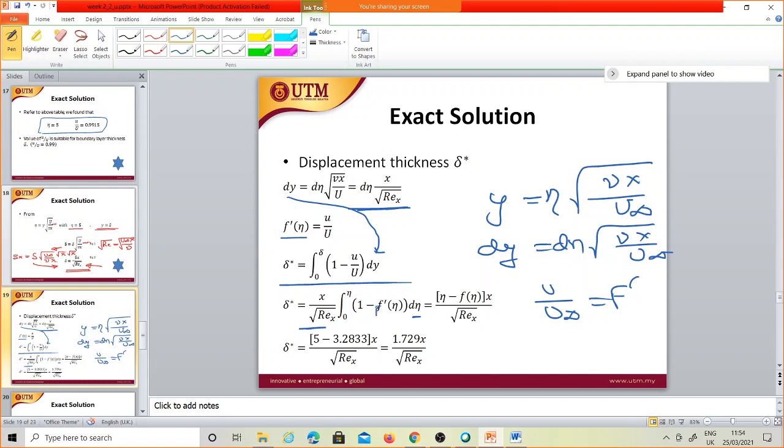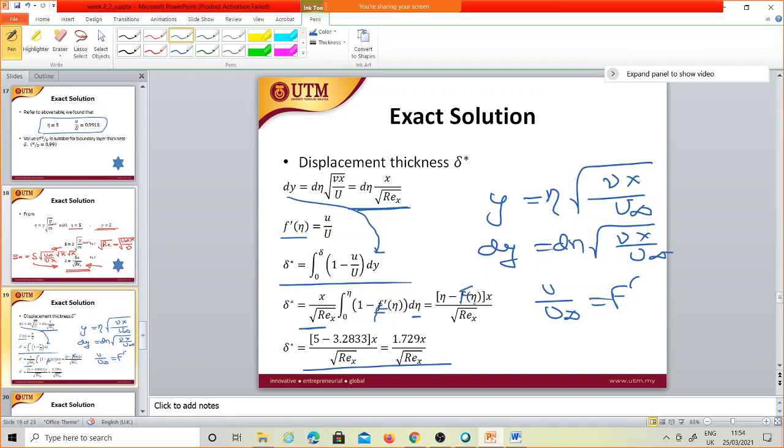This should be capital F prime. There will be no small f according to my definition, okay? So just integrate it. This should be eta, and this integration and differentiation will cancel. You will have only capital F of eta, and simplify it, and you will see that the value is this one. This is the value, okay?